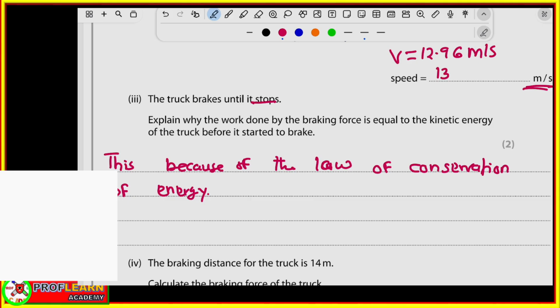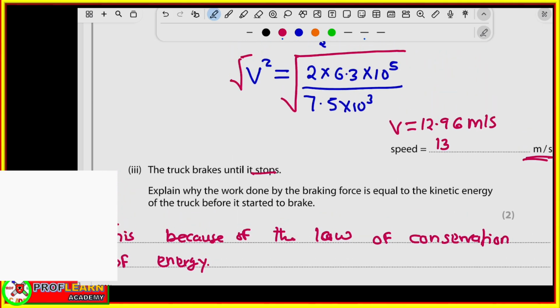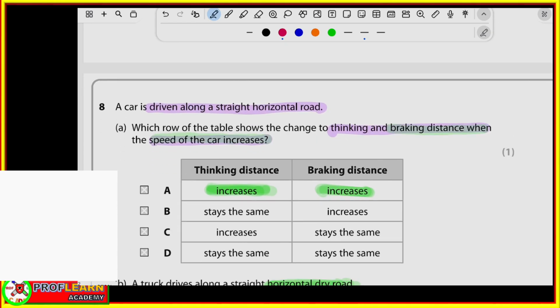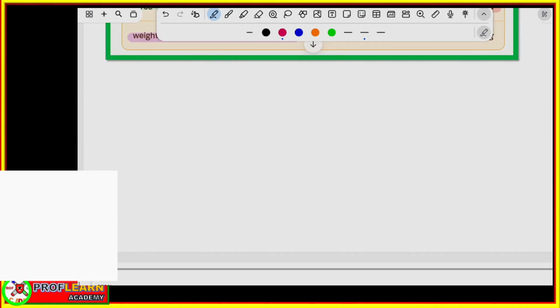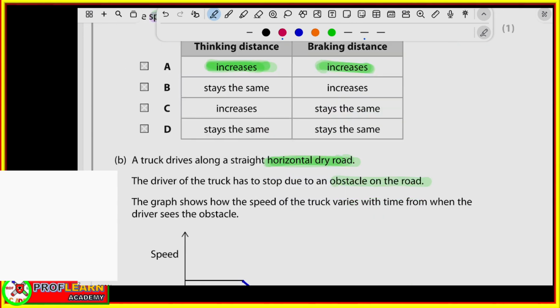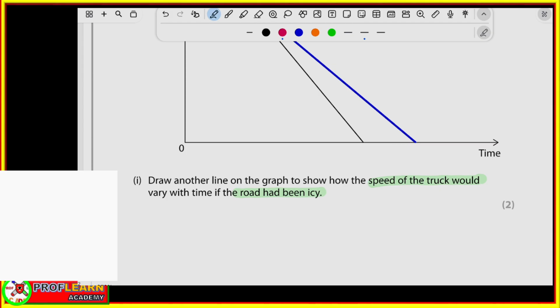Something that we need to appreciate is that the law of conservation of energy applies in that energy cannot be created nor destroyed, but is converted from one form to another.